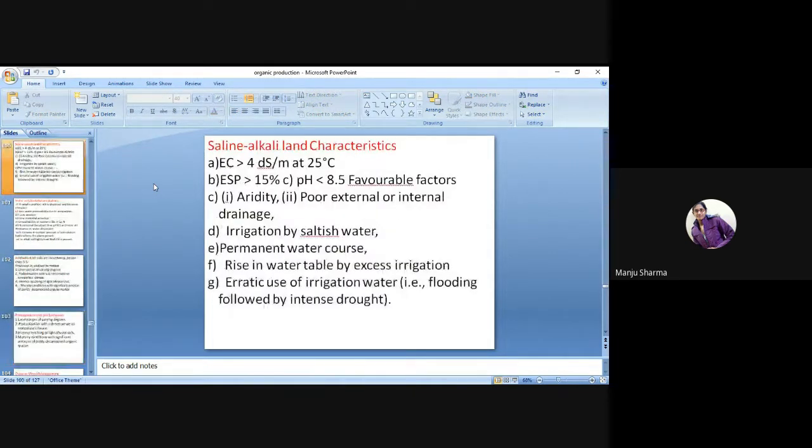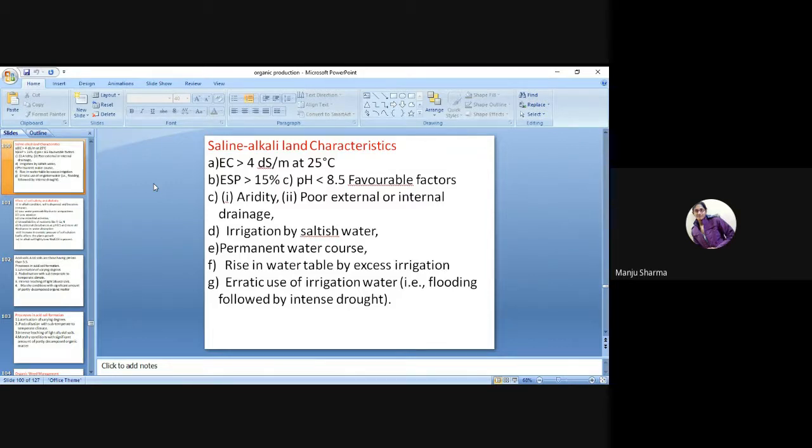Saline alkali land characteristics are like their EC is more than 4 at 25 degrees centigrade, their ESP is more than 15% and the pH is more than 8.5.